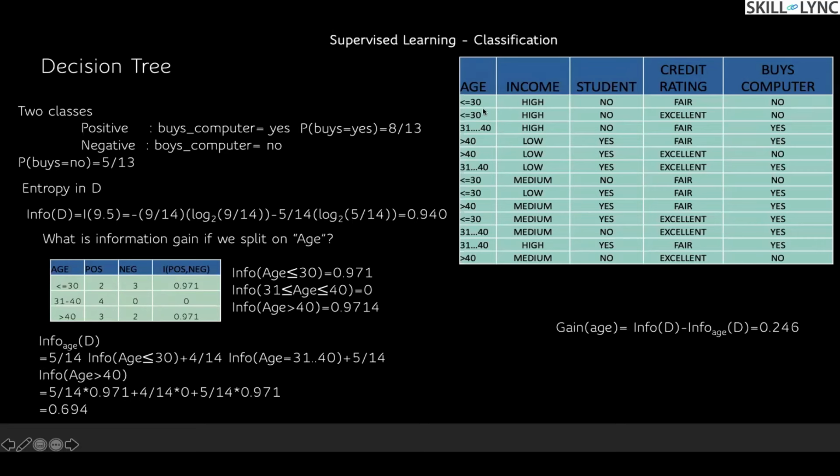With less than or equal to 30, how many yes and how many no do we have in our output? With less than or equal to 30, we have 2 yes and 3 no's. Similarly, for 31 to 40, we have 4 yes and 0 no. For greater than 40, so this is the table that we have.